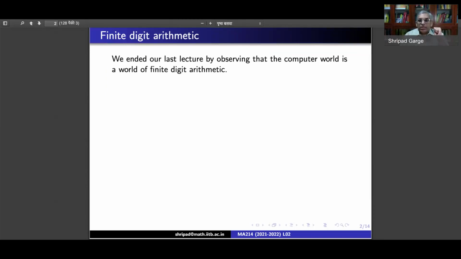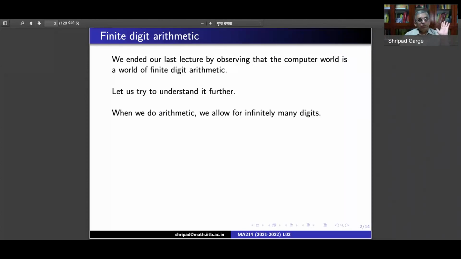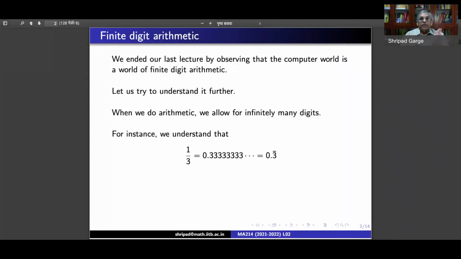So let's try to understand a bit further. When we do arithmetic, say for instance in school or in colleges, using pen and paper, we allow for infinitely many digits. Although we may not write them all down, we understand that when you have, say, 1 by 3, in decimal expansion this means 0.33333, and it goes on.